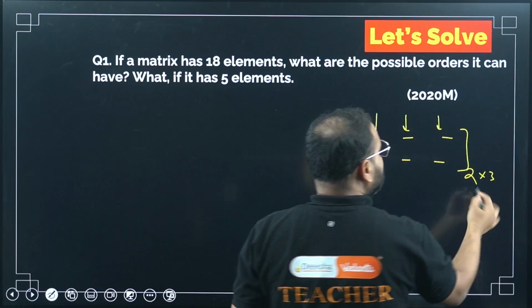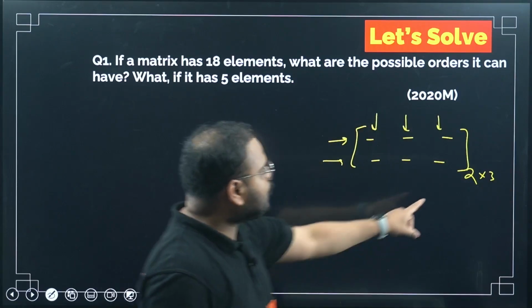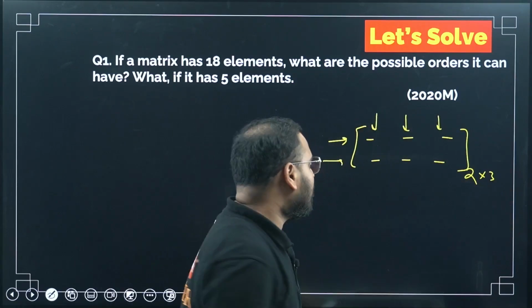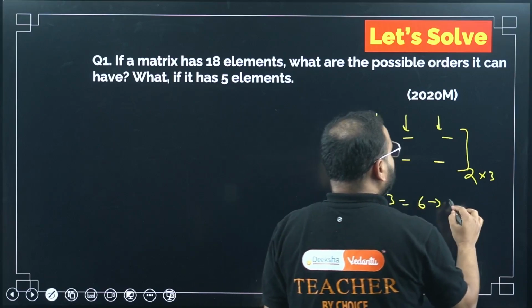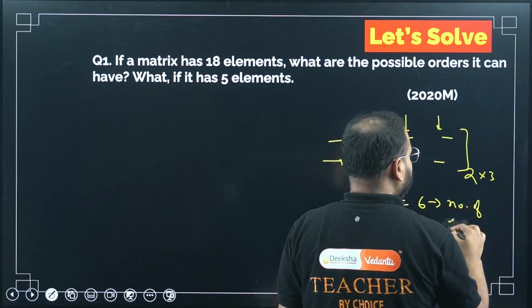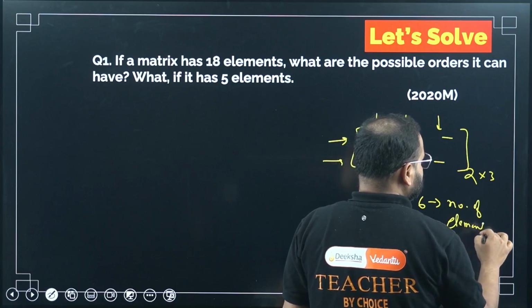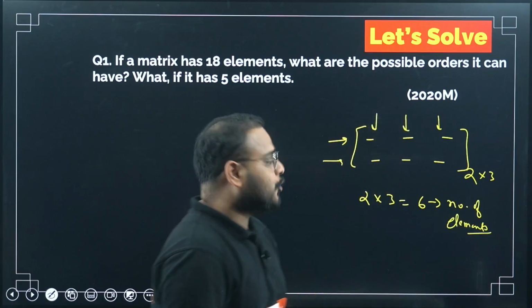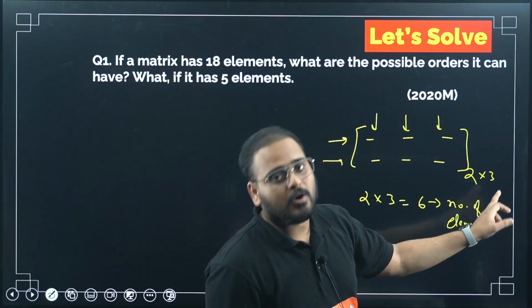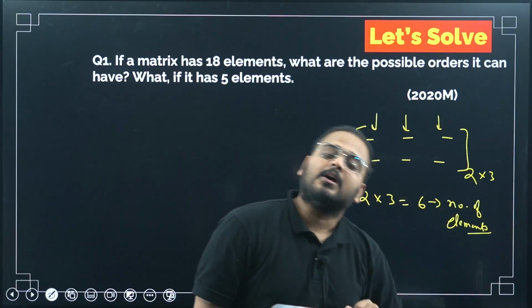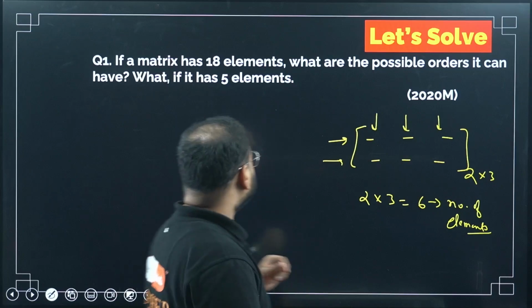So the order is 2 cross 3. Is it 6? No. If you multiply 2 into 3 you get 6, which represents the number of elements. You don't multiply the order, you keep it as it is: 2 cross 3, where 2 represents the number of rows and 3 represents the number of columns.